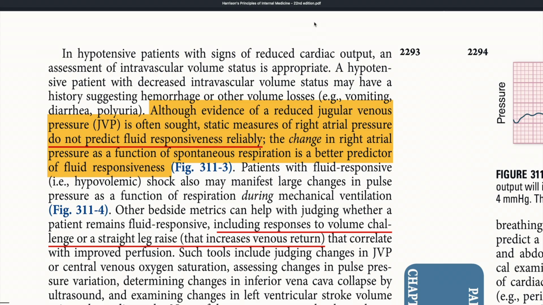We also have to look at the JVP, which measures the right atrial pressure, but this does not predict fluid responses reliably. The change in right atrial pressure as a function of spontaneous respiration is a better predictor of fluid responsiveness.